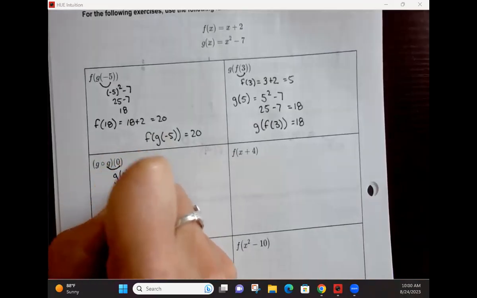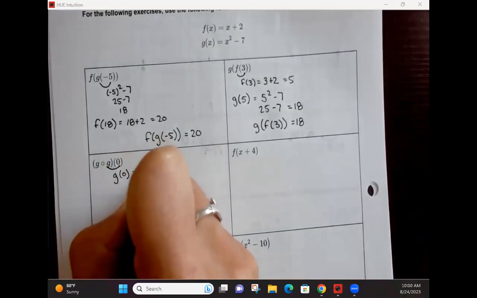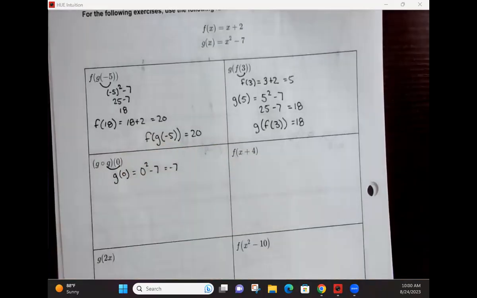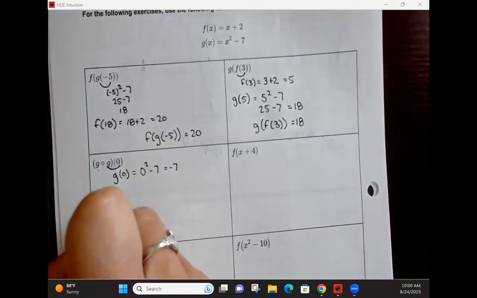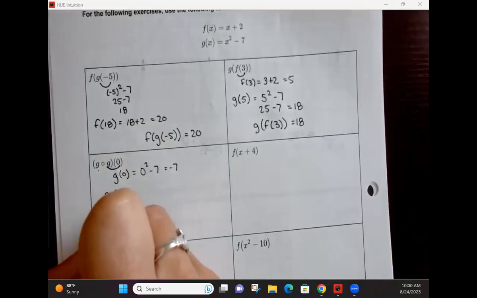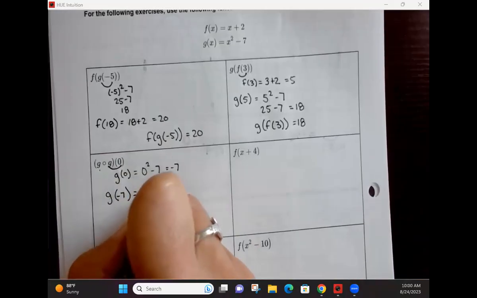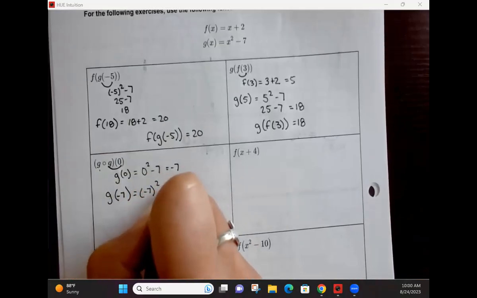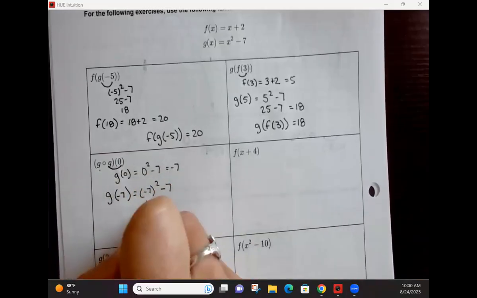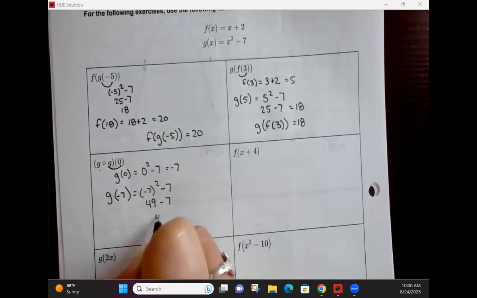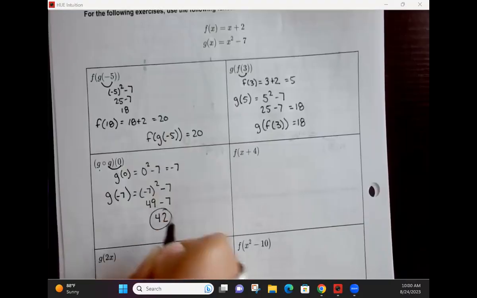So g of 0 would be 0 squared minus 7. That's -7. And then I find g of -7. So this would be -7 squared minus 7. Same idea, a little weird maybe that we did g of g. But I evaluate the same way.